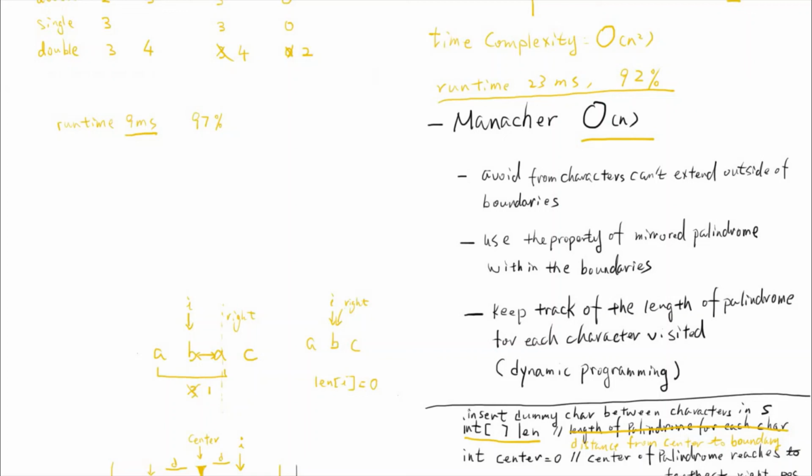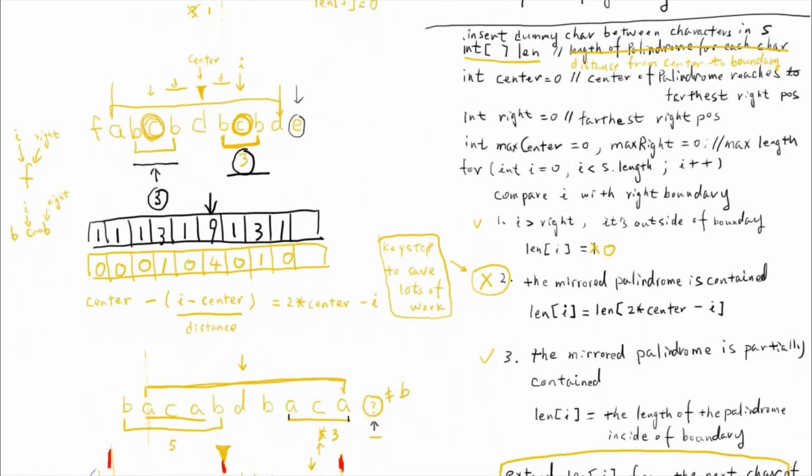Remember, in our LeetCode implementation, when we expand the palindrome, we also use a while loop inside of the for loop. The trick is in these three scenarios, because the Manacher algorithm only tries to extend the palindrome from the outside of the boundary.